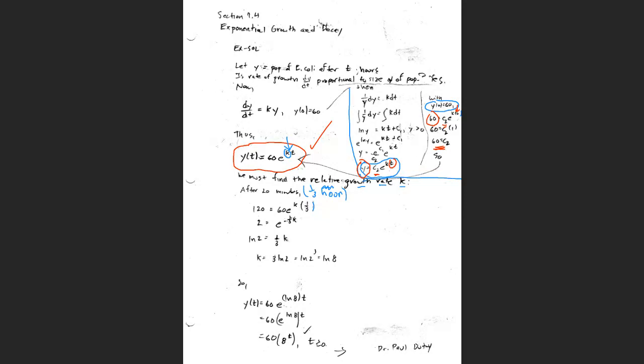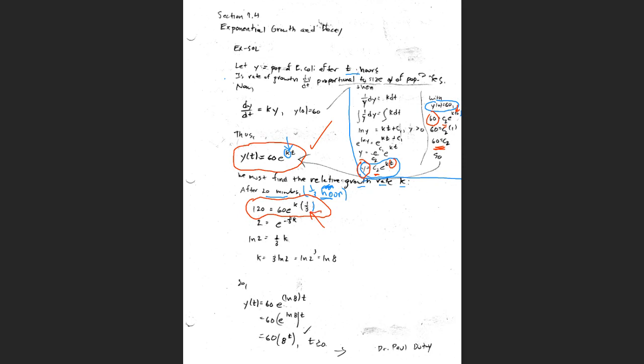So the formula for this assumes that t is in hours. So 20 minutes is 1/3 of an hour. So let's let time equal 1/3 of an hour.